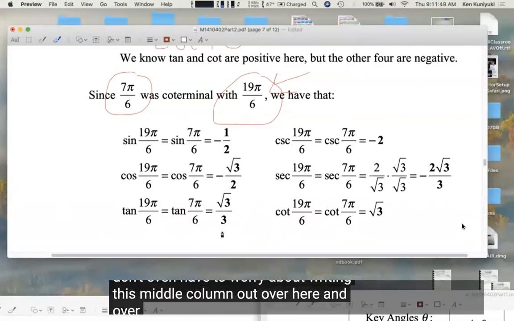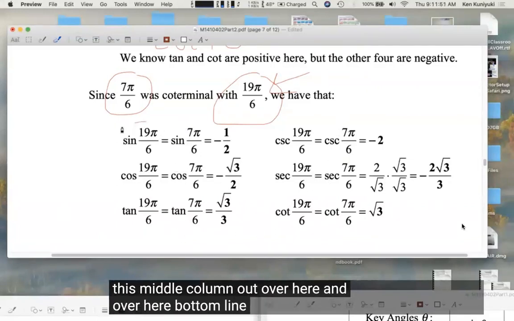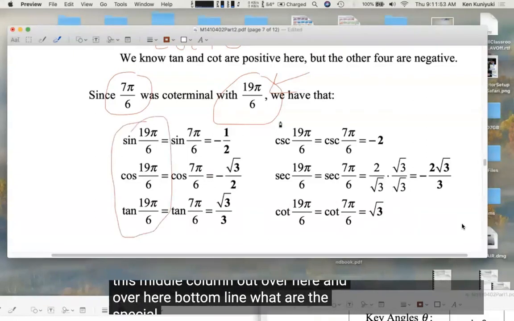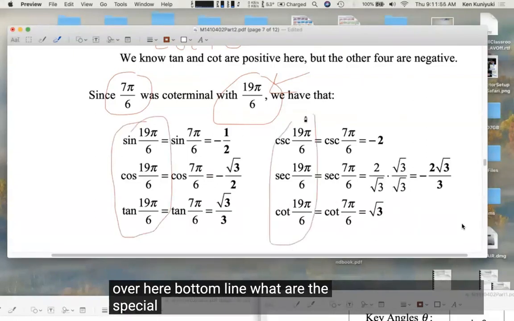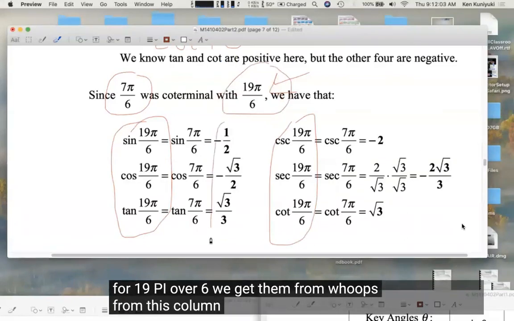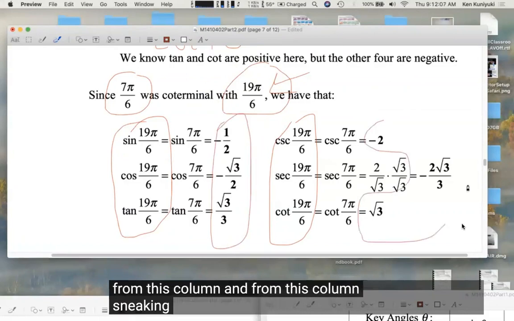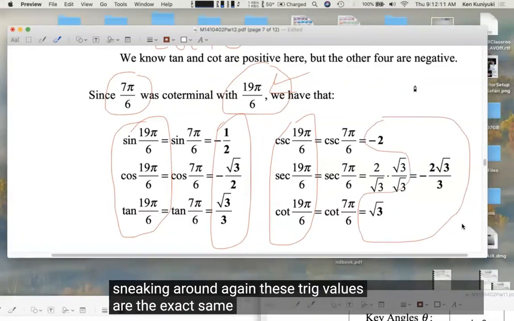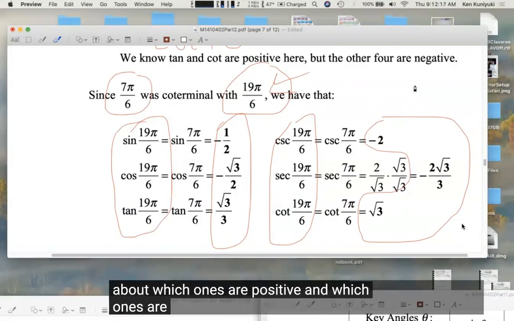Bottom line, what are the special values, the 6 basic trig values for 19 pi over 6? We get them from this column and from this column, snaking around. Again, these trig values are the exact same ones as for pi over 6 in absolute value, but we have to care about which ones are positive and which ones are negative.